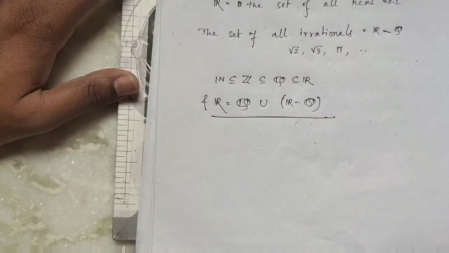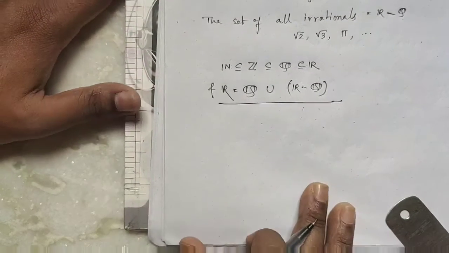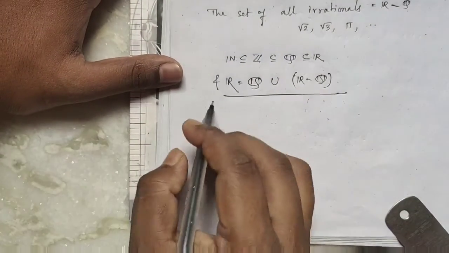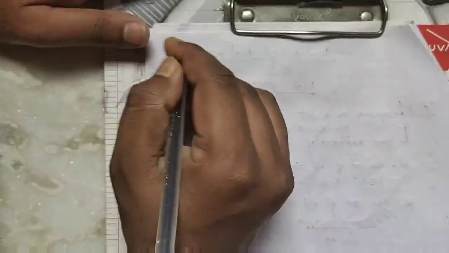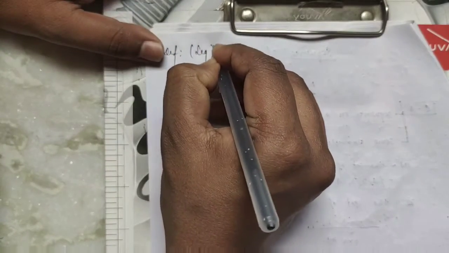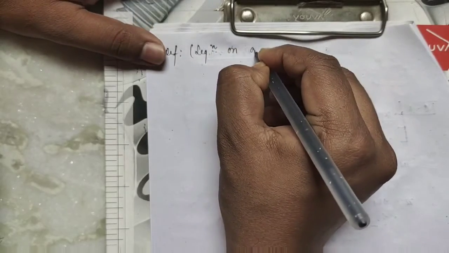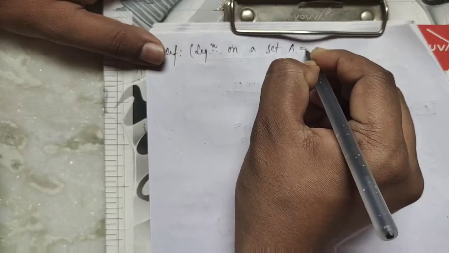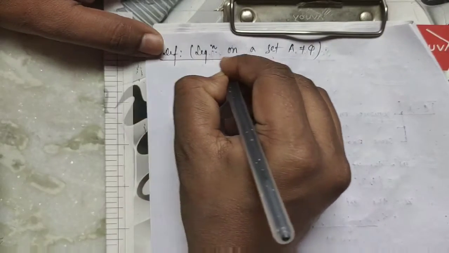Now, first definition is sequence on a set A not equal to empty set. Sequence on any set.